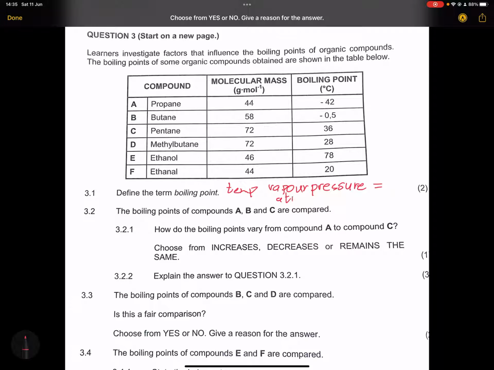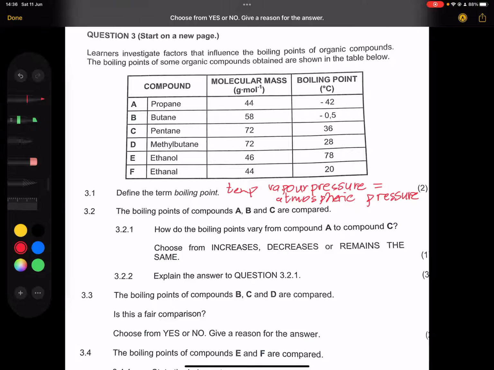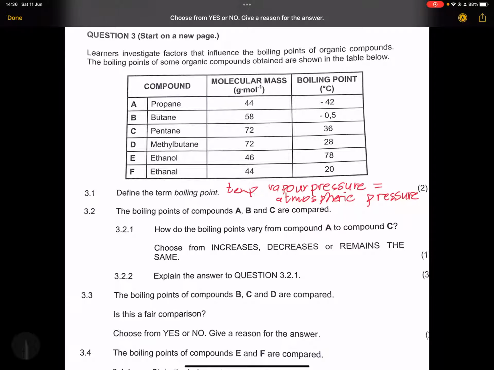Please, when you write down the definition, boiling point is of course the temperature at which a liquid turns to gas, but for the correct definition, first of all, you need to mention the temperature at which the vapor pressure is equal to the atmospheric pressure.